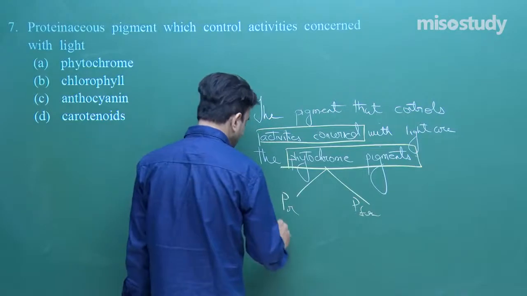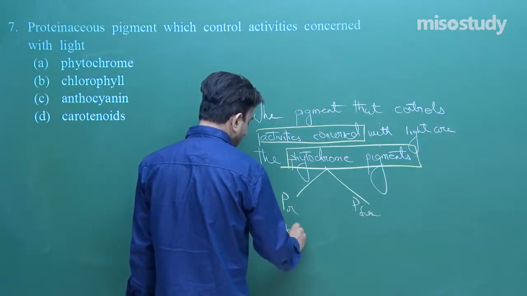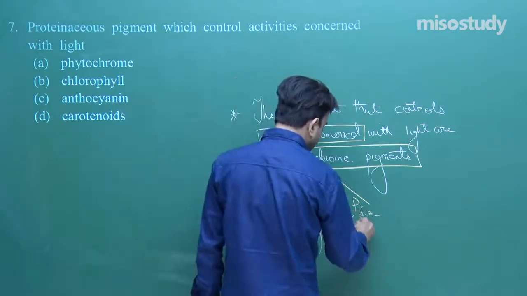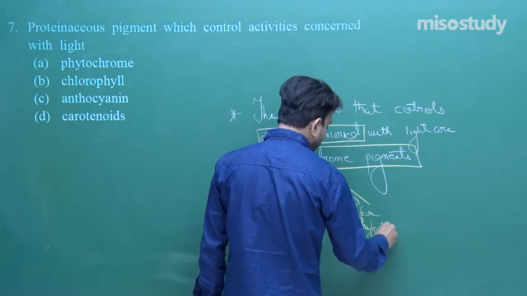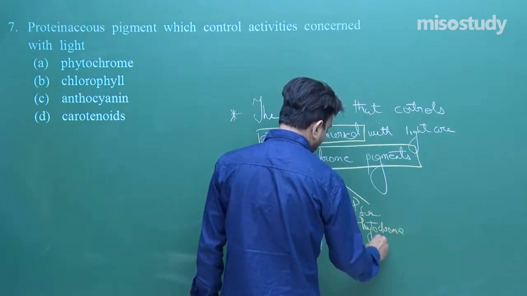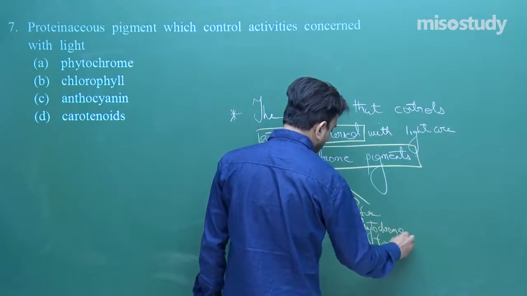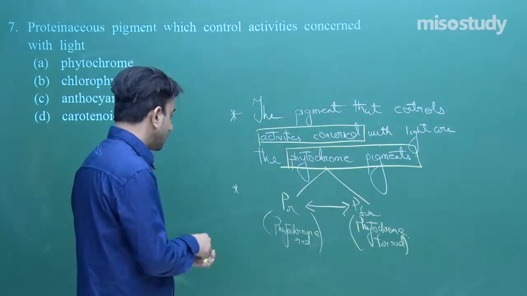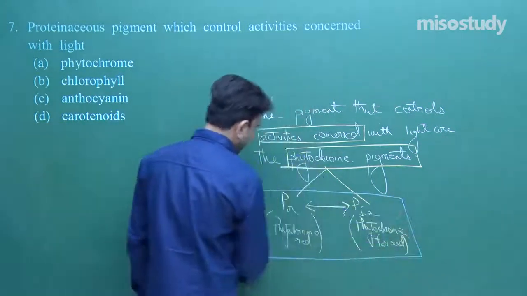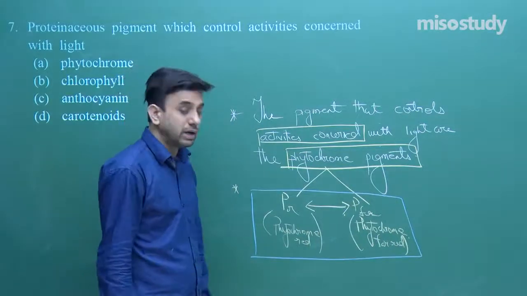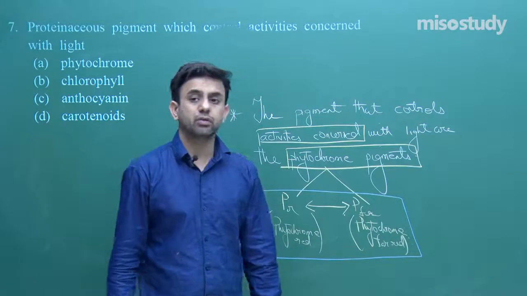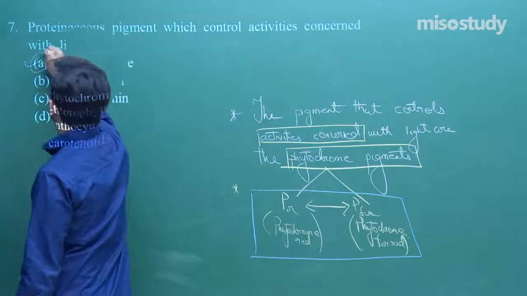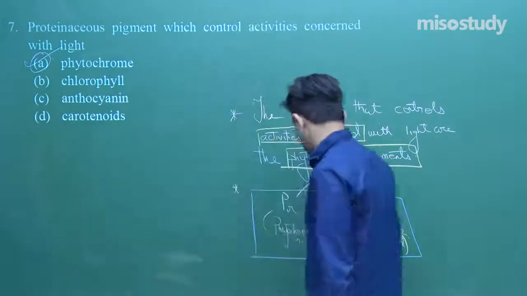So PR stands for phytochrome red and PFR stands for phytochrome far red, and both of these are interconvertible. Hence the correct answer for this will be phytochrome.